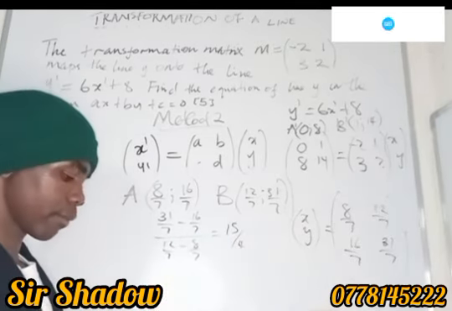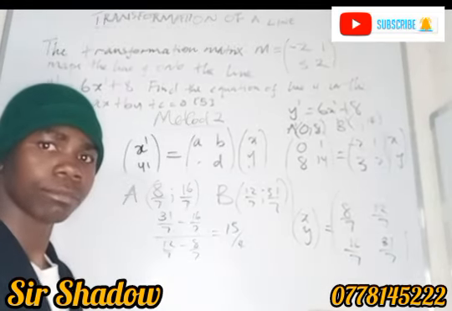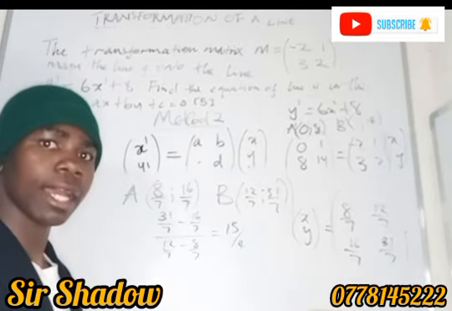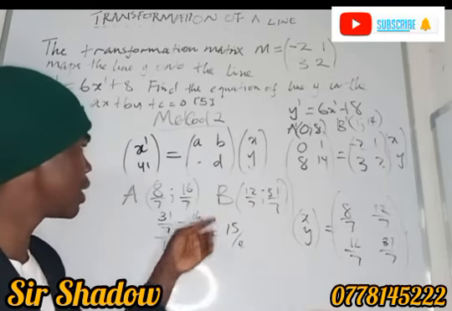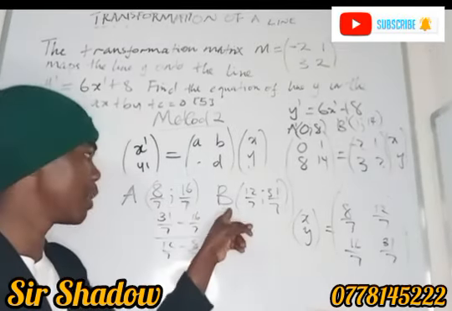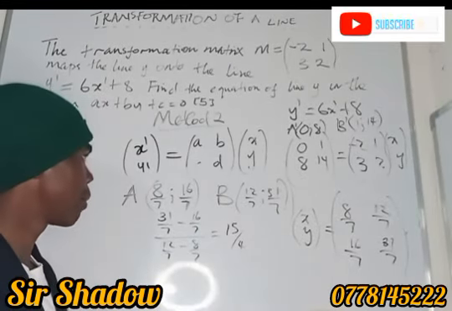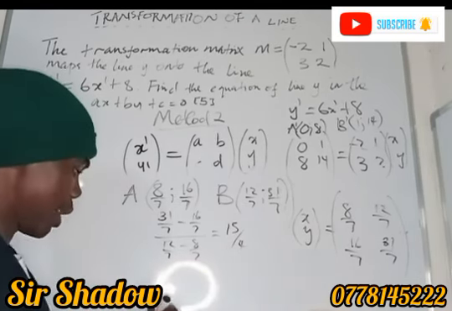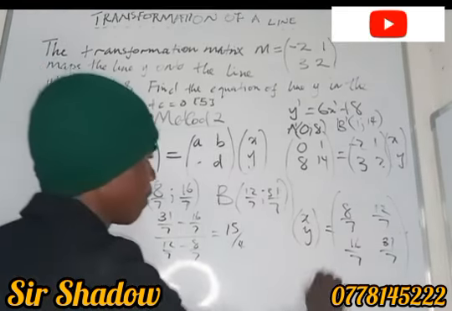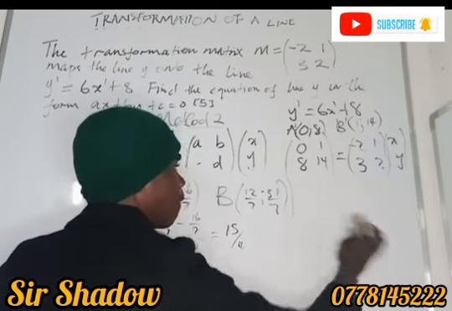It's 15 over 4. Since we have the gradient now, we can actually find the equation of the line. Using any coordinate, you can use the A coordinate or B coordinate. Let's consider the point A coordinates. The coordinates are already indicated above.